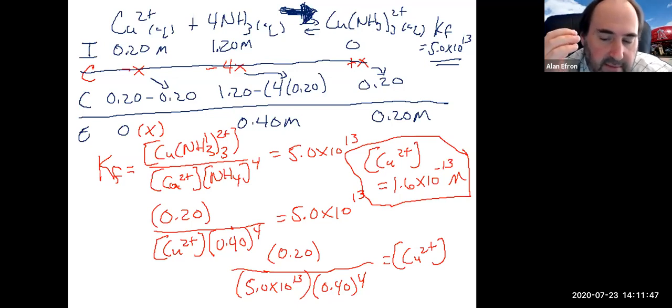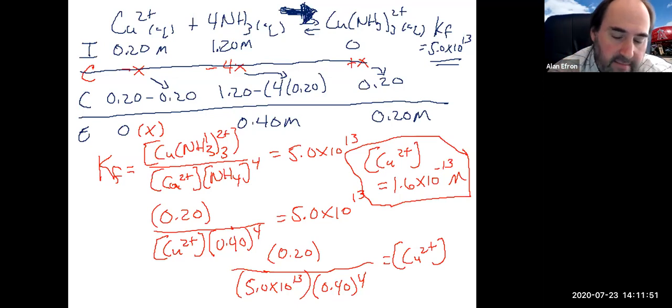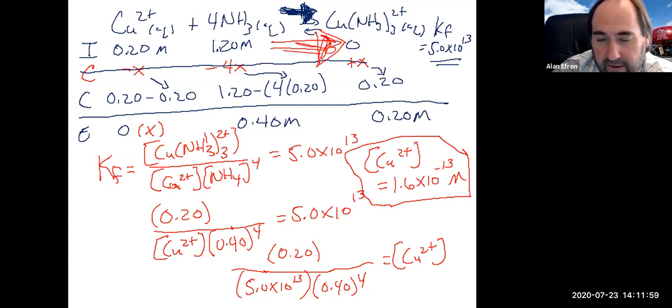Because those Kf values are extremely large, even though it's a reversible reaction, it's pretty much heading in a one-way street towards the product side. In reality it's still a reversible reaction, but the assumption we make is that it is so large that 100% of it goes to the product side.